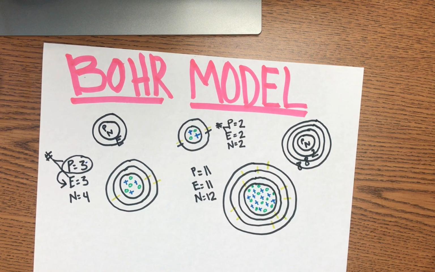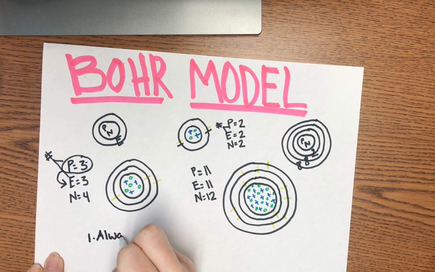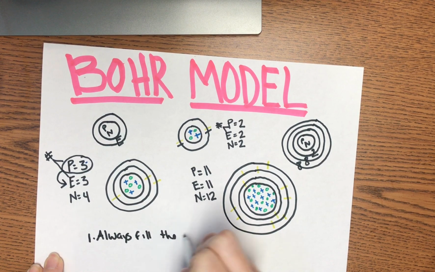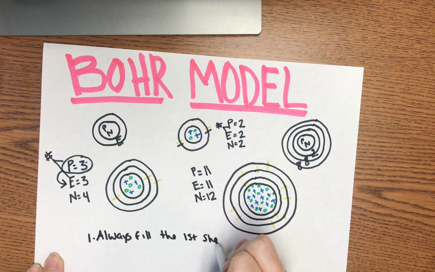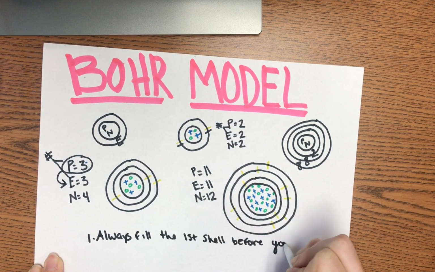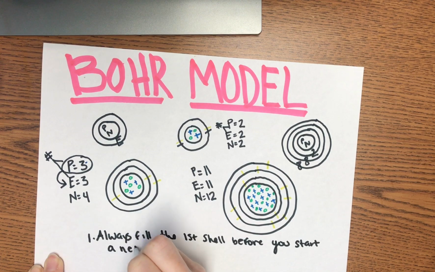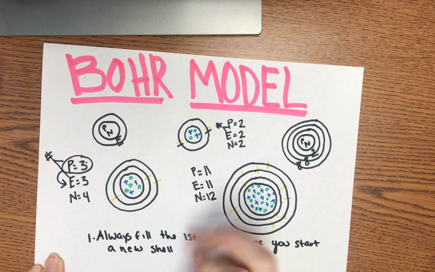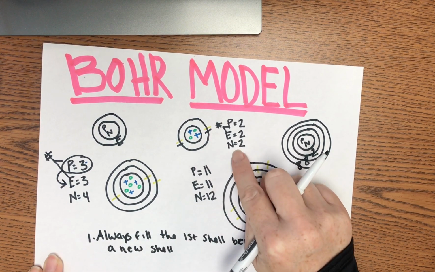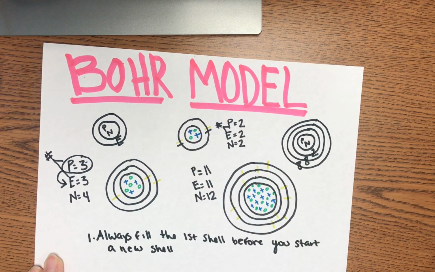I'm going to tell you a few rules about this model. Rule number 1, you always fill the first shell before you start a new shell. Because this Bohr model only has 1 shell, there's no reason to draw 2 or 3 shells.